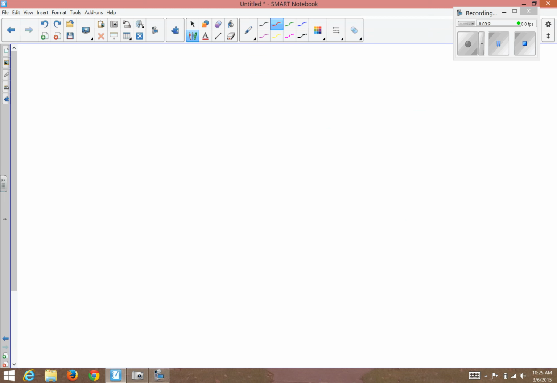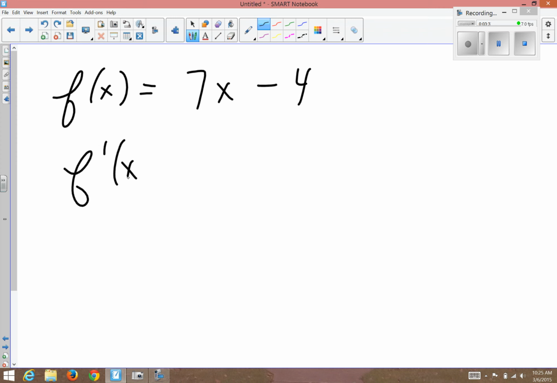So the easy examples are when the function is a line. If f of x is linear, like 7x minus 4, the derivative is the same as the slope.